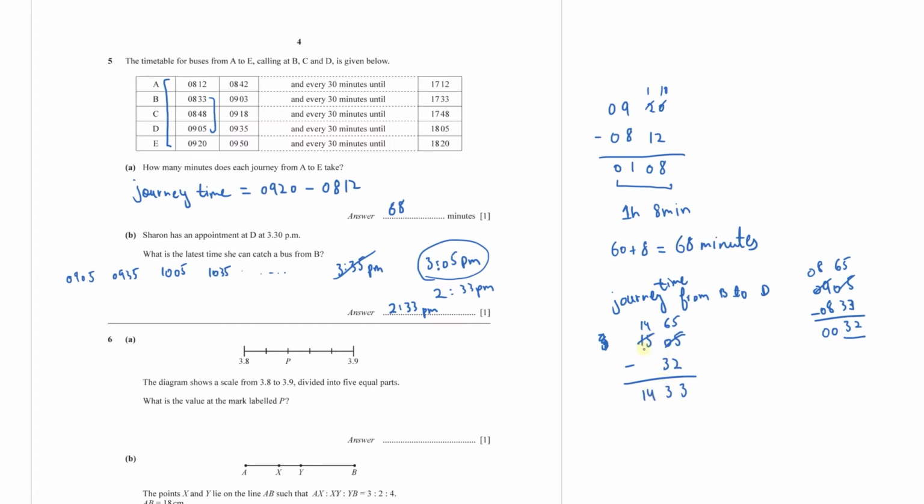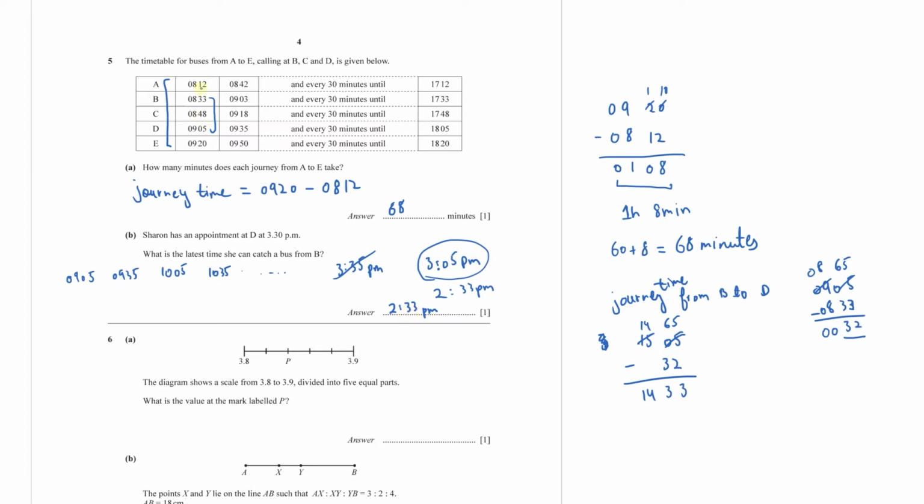So if you're arriving at 3:05, which is 15:05 in 24-hour clock format, and your journey takes 32 minutes, that means you have to depart from B at 14:33, which is exactly the same as 2:33 p.m. that I've written here.